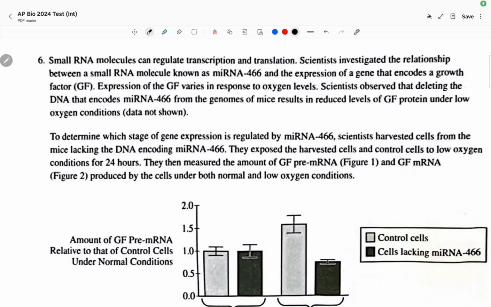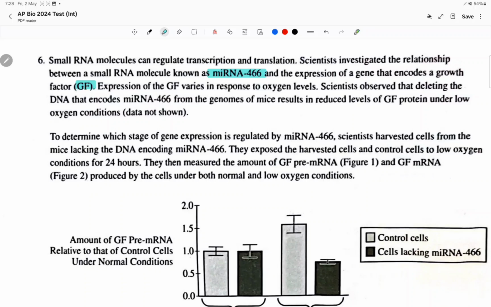Small RNA molecules can regulate transcription and translation. Scientists investigated the relationship between a small RNA molecule known as miRNA 466 and the expression of a gene that encodes the growth factor GF. The expression of GF varies in response to oxygen levels.